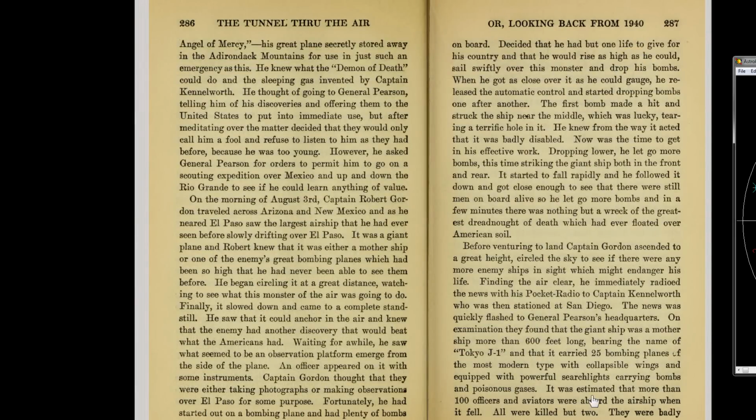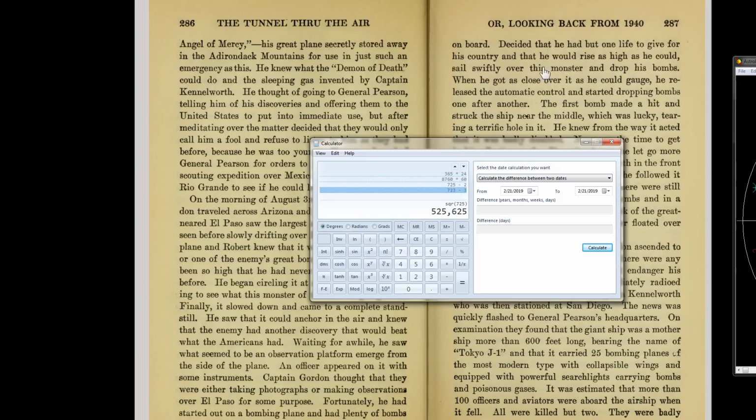Now let's look at this really quickly. We're going to ignore the pocket radio and this stuff right here, and just look at these numbers again. If we look at the Tokyo J-1, add up 2, 6, 2, 7, 6.